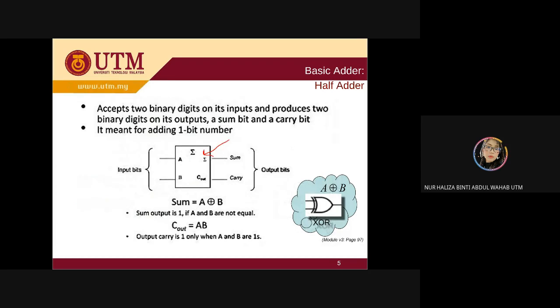So first of all, you're going to know that this is a half adder. It has the input part and the output part. Of course, you're going to have input and output.